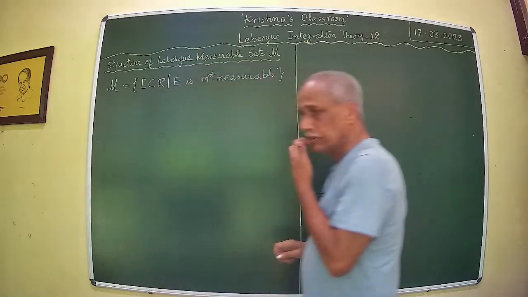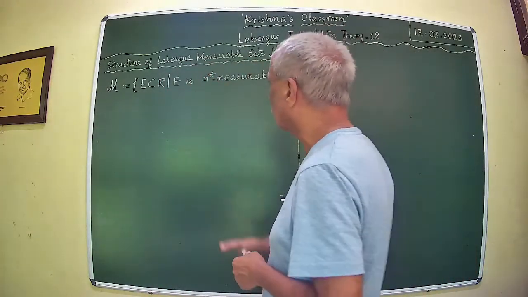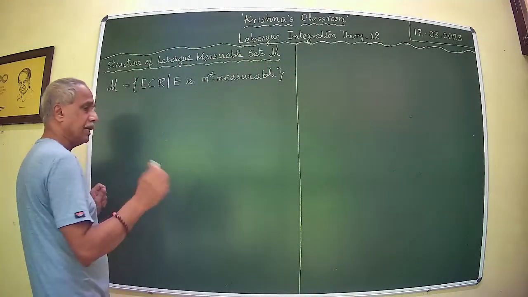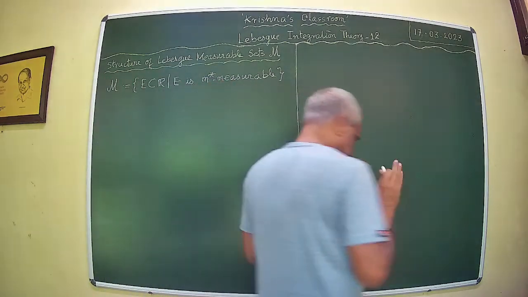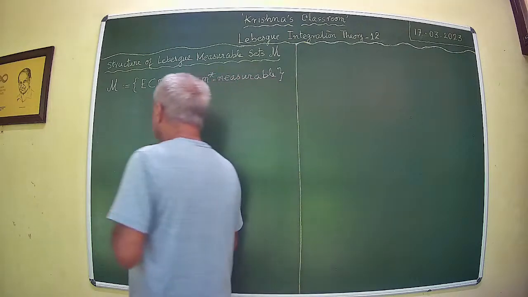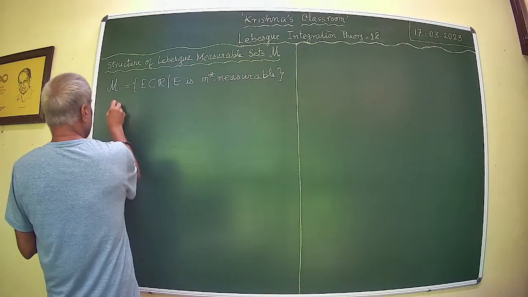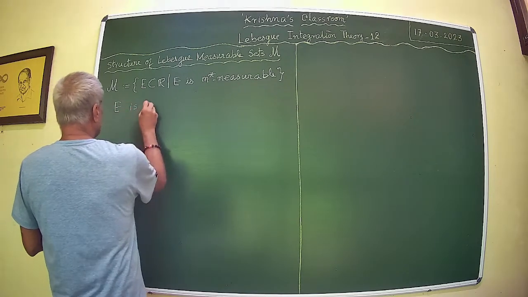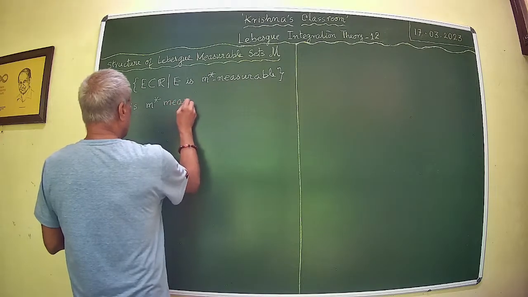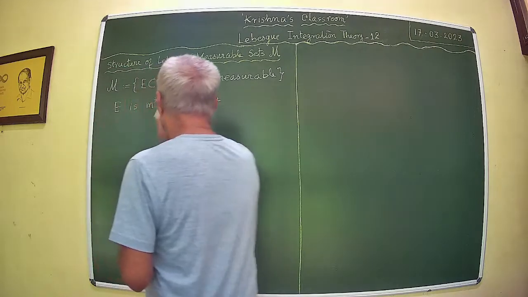Now this means, M star is the outer measure. It is defined for every subset of R, but we isolate from it the following class of subsets, namely, E is M star measurable, or what you call Lebesgue measurable.